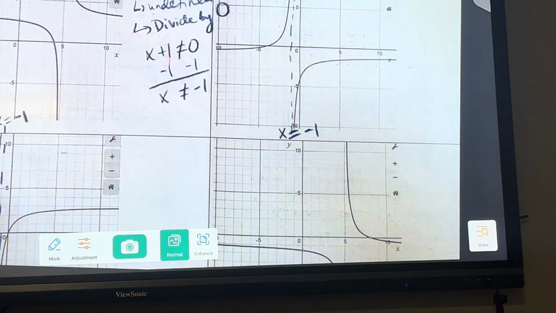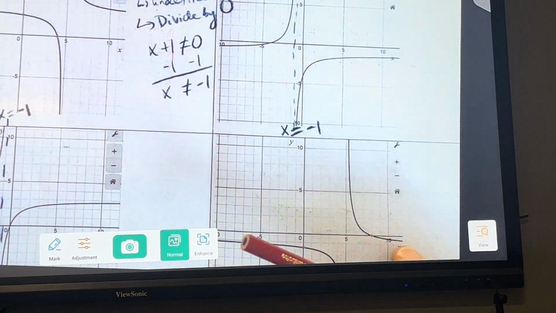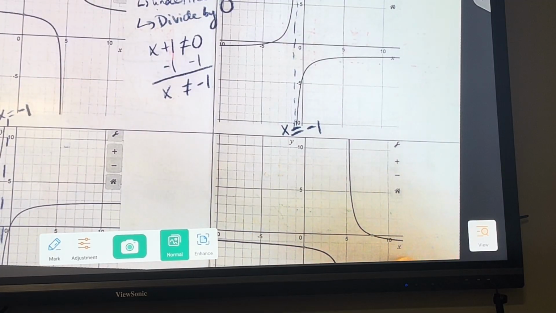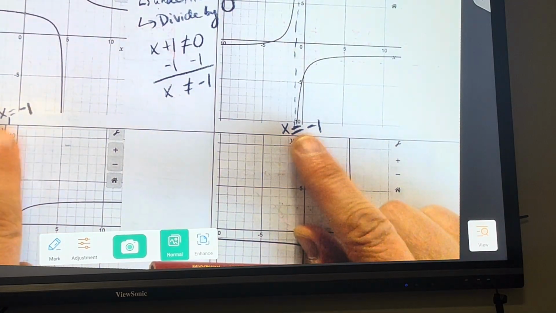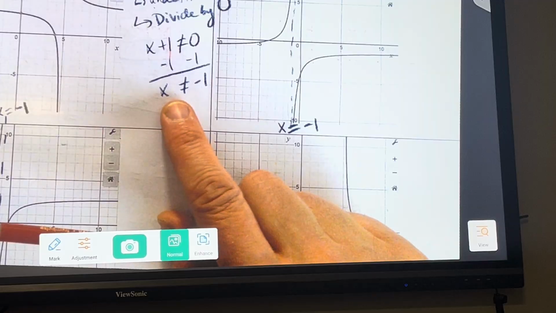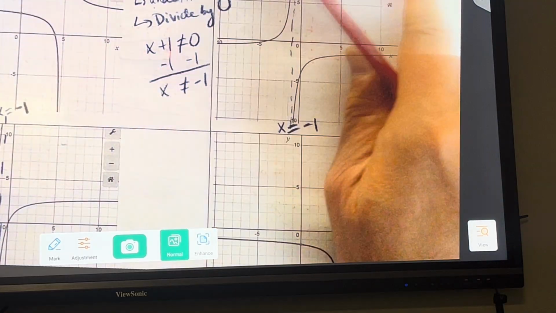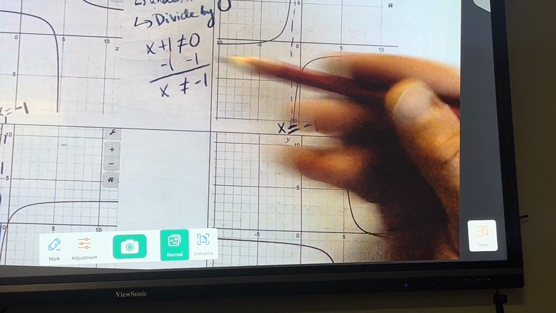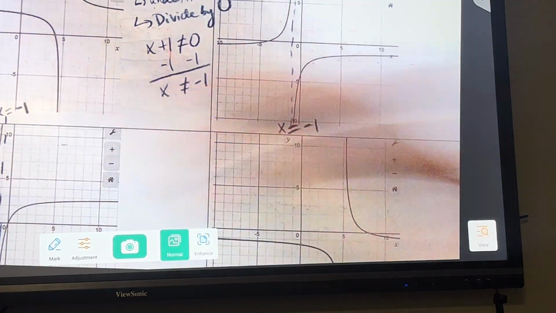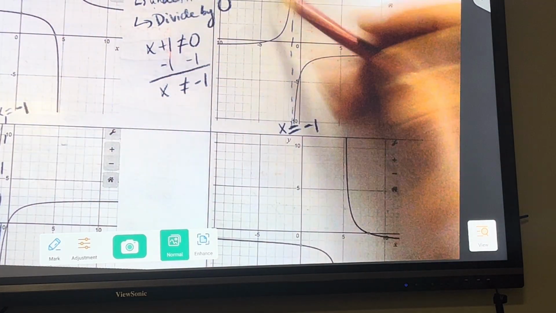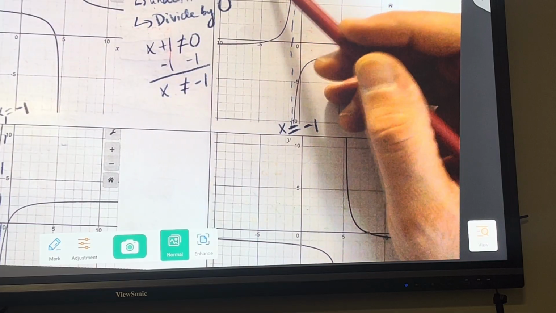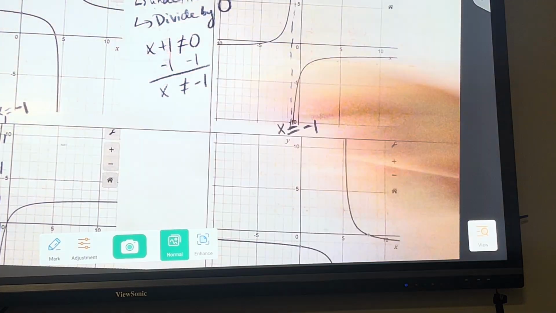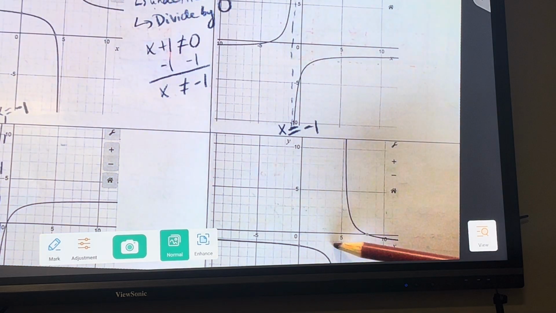Okay, so the ones that we labeled in blue are the ones that'll have your x plus 1 denominator. And the ones that we labeled in raspberry, pinkish, will have the asymptote at x equal 5, like this and like this.